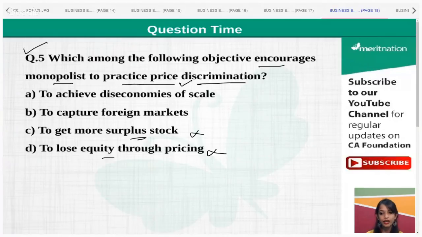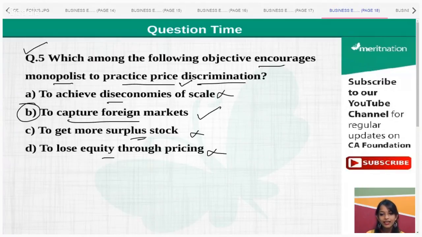To achieve diseconomies of scale, obviously this is not the answer, because everybody goes for economies, the benefits that come with expansion. So this leaves us with the correct answer as B. To capture foreign markets, to capture a larger market share, that's why the monopolist feels encouraged to engage in price discrimination, right?